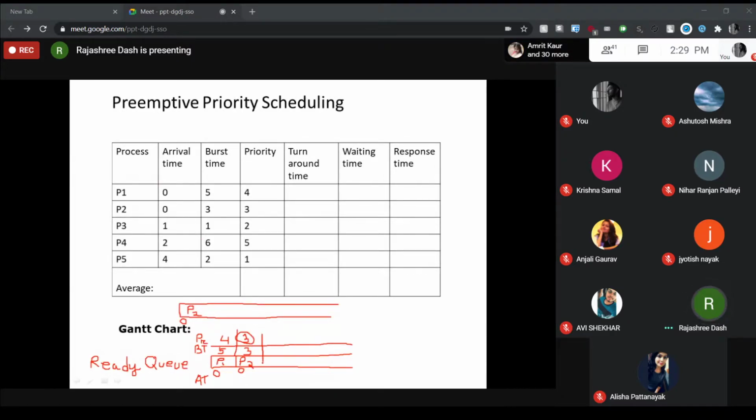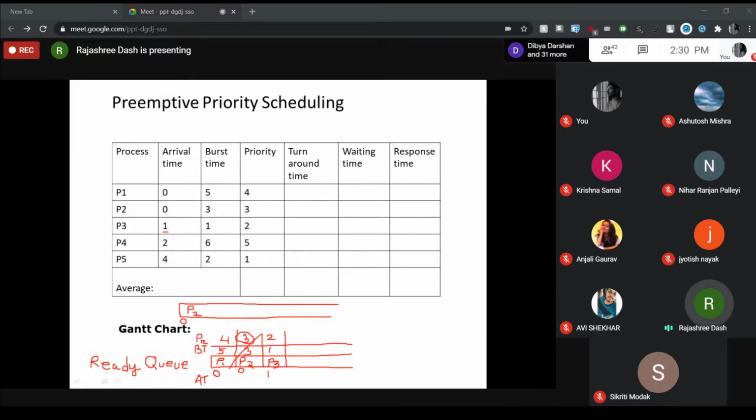Here at time 1, while P2 is executing, a new process enters. That is P3. For P3, the burst time is 1 and the priority is 2. As it is preemptive priority, what will the scheduler do?